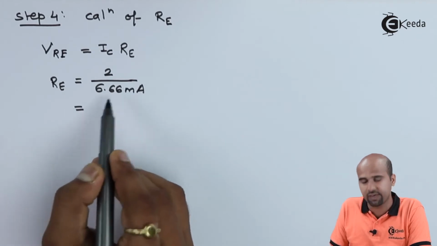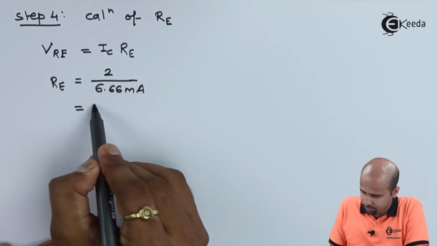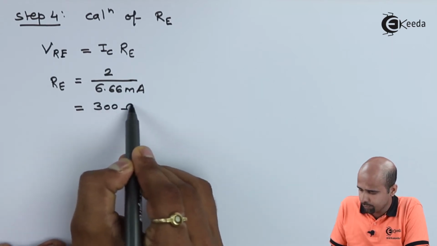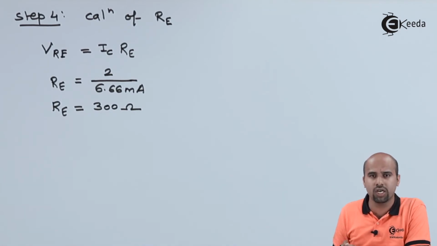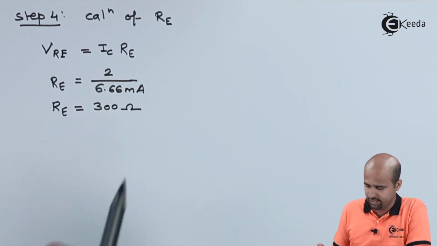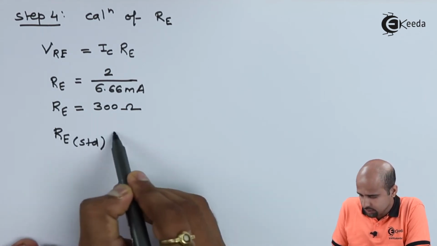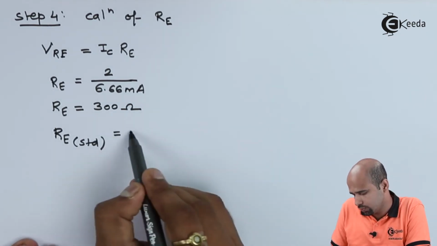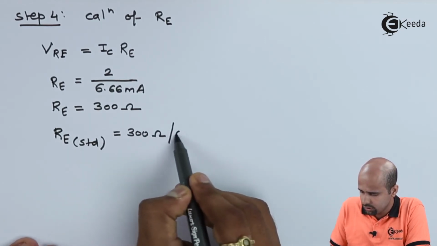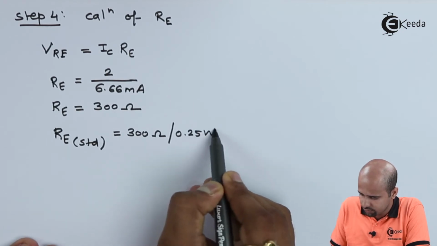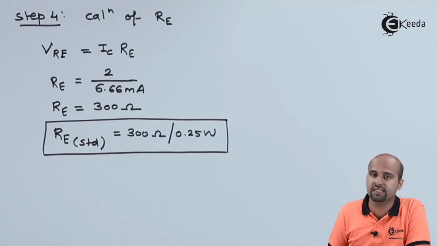Calculating 2 divided by 6.66, this is coming out to be 300 ohm. You can keep this value as it is, or take it on the lower side. RE standard is equal to 300 ohm with 0.25 watt. Calculation of RE is completed.